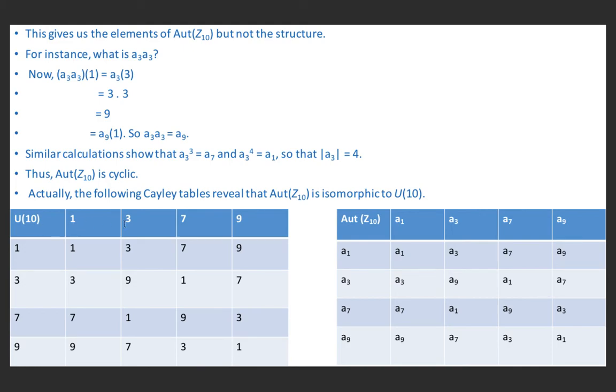So these are 1, 3, 7, 9. It is easy to construct the table with respect to multiplication modulo 10, and this is already discussed. So from these two Cayley tables for the automorphism group of Z10 and U10, one may verify that the automorphism group of Z10 is isomorphic to U10.